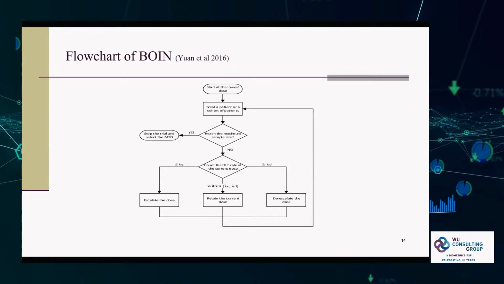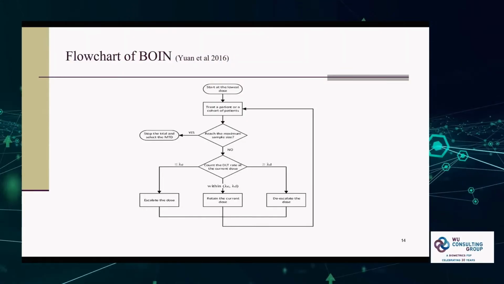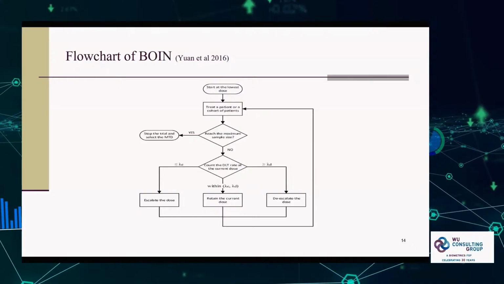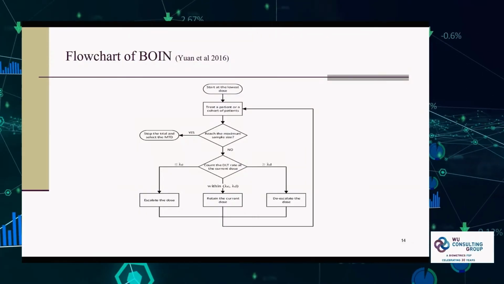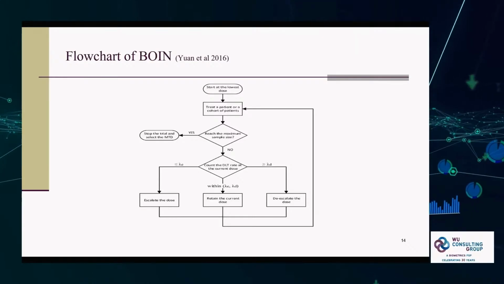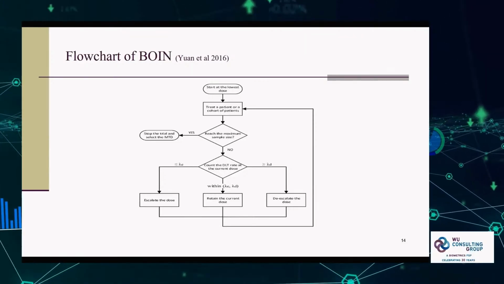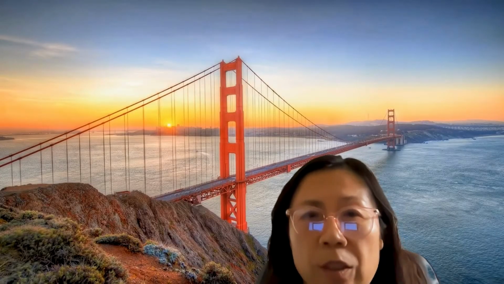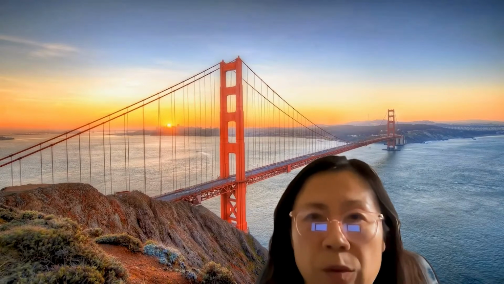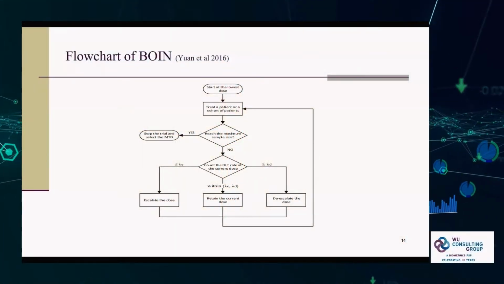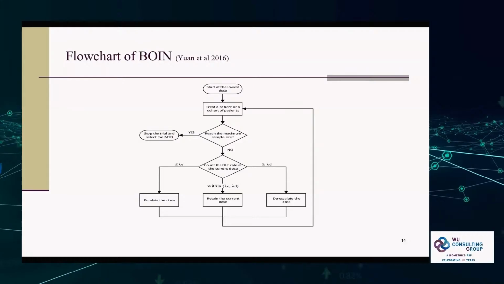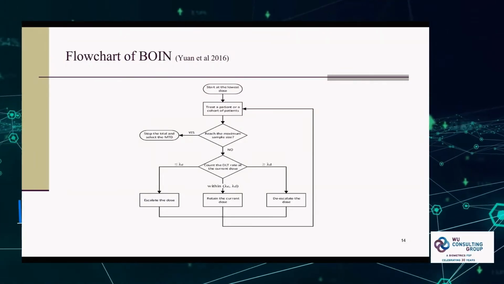You can see this flowchart of the BOIN design, provided by the original designer, Dr. Yuan and others at MD Anderson Cancer Center. You start the patient at the lowest dose level. Then you treat the patient and look at whether this patient has a DLT or not. Based on the number of DLTs observed at each dose level, you have a pre-specified dose escalation and de-escalation boundary, the probability lambda E or lambda D. If the observed DLT rate is less than or equal to lambda E, then you would escalate the dose level.